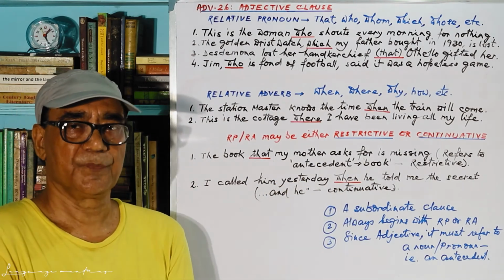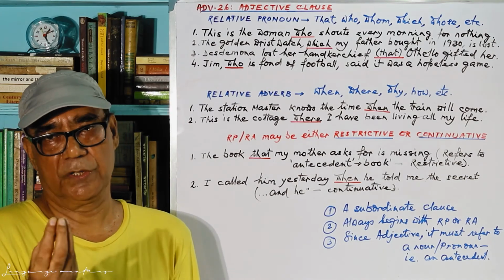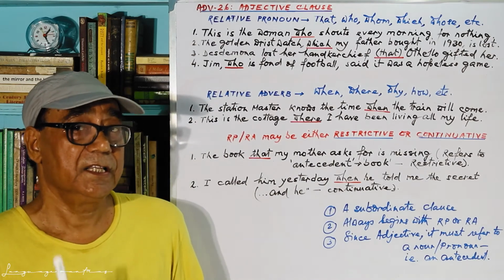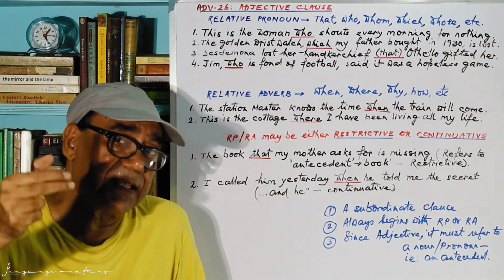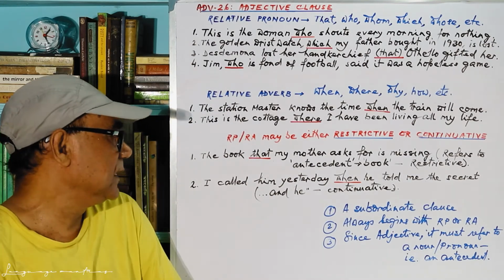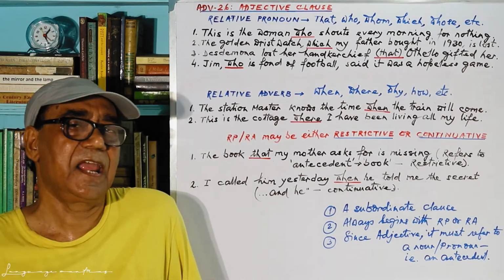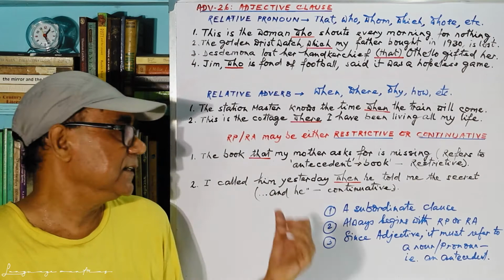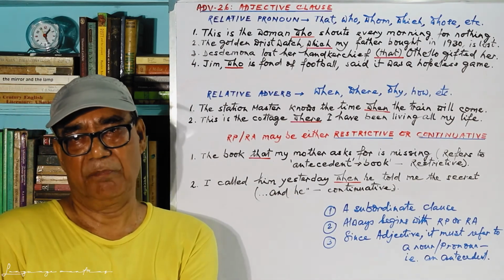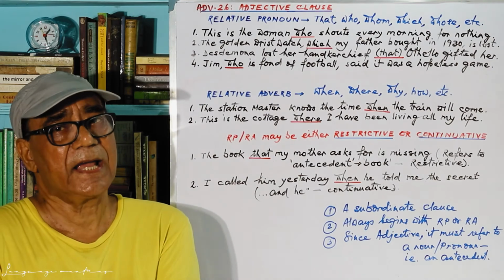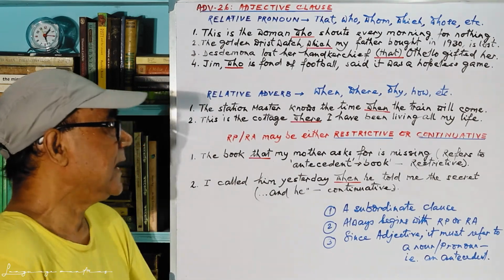Yesterday refers to a particular day, that is a noun. Therefore, this is an adjective clause. But this when means "and then." So, I called him yesterday and then he gave me the secret. Here the sense or the meaning is continuing. So there is a kind of deviation in that sense.